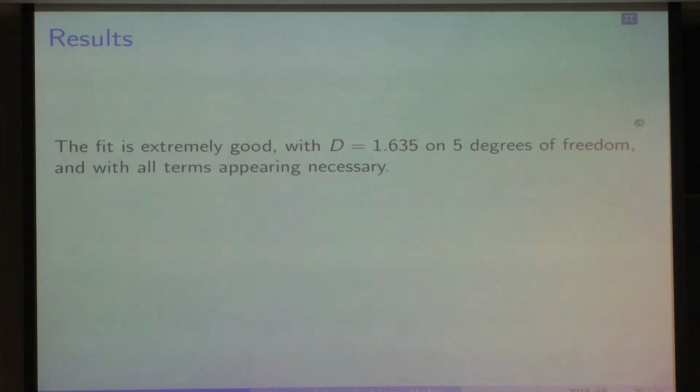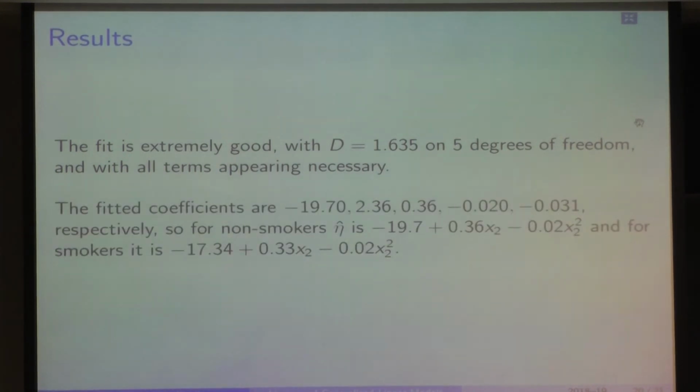That's pretty small for a chi-squared 5. Mean of a chi-squared 5 is 5. So in fact our fit is better than we might expect. And if you look at the summary, you'll see that all the terms in the model seem to be necessary. So there's no sign that we've got some unnecessary parameters here.